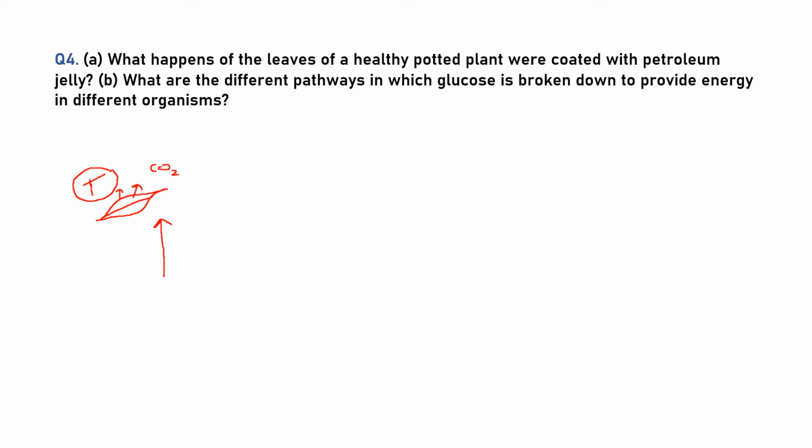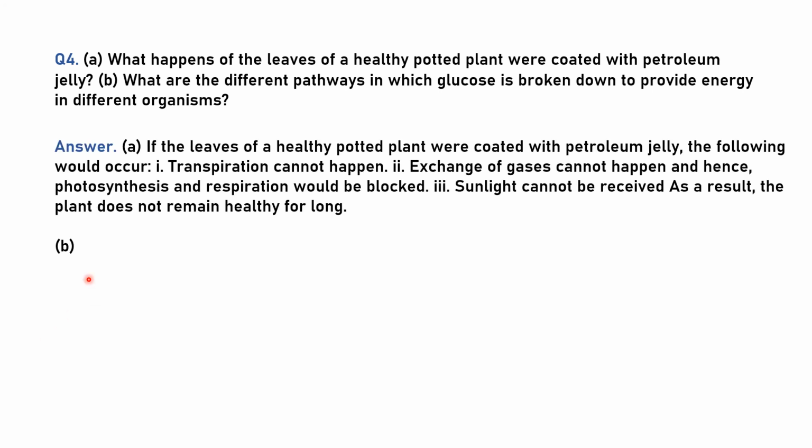Okay, so now, what are the different pathways in which glucose is broken down to provide energy in different organisms? This I will explain with the help of a diagram, right? We have already discussed it, but let me take the help of a diagram first, then I'll explain. So let's have a look at the first answer.